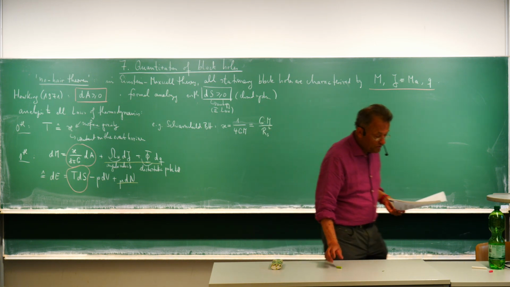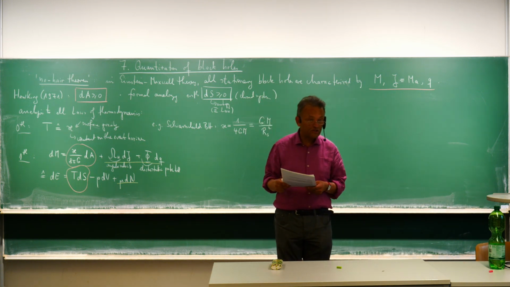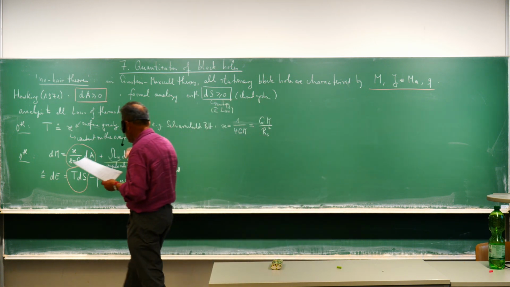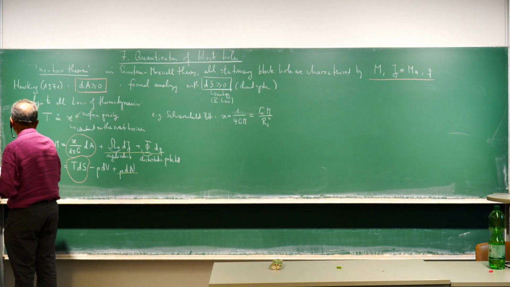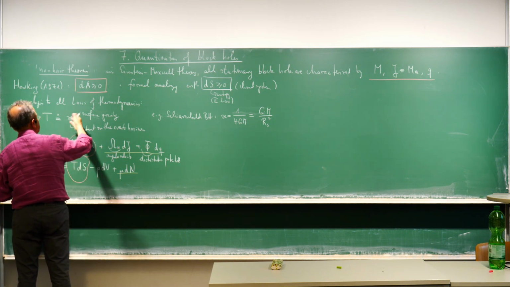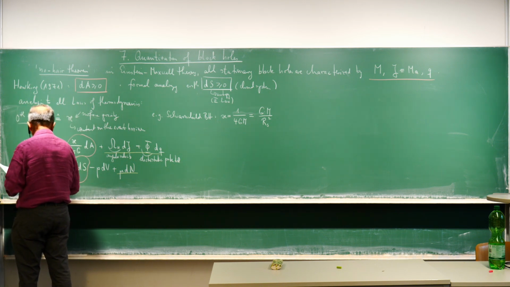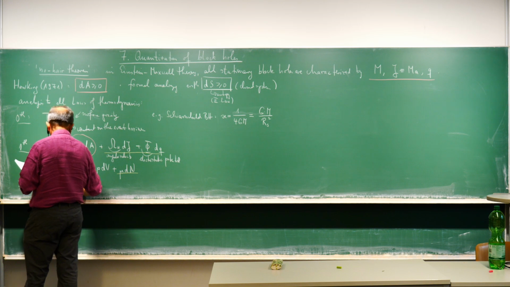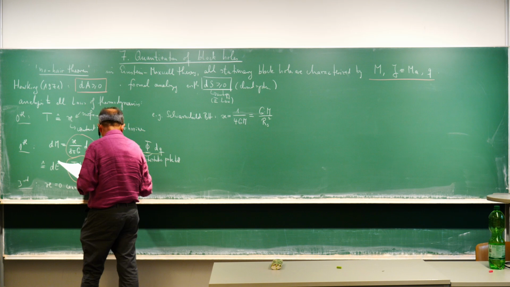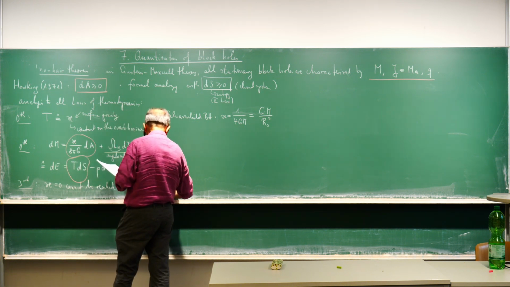Okay, so the third law of thermodynamics usually means that the temperature cannot be lowered down to absolute zero in a finite number of steps. That's what Nernst proved around 1905. So that's the third law. If T corresponds to kappa, it means that kappa equals 0 cannot be reached in a finite number of steps. And this can be proven.